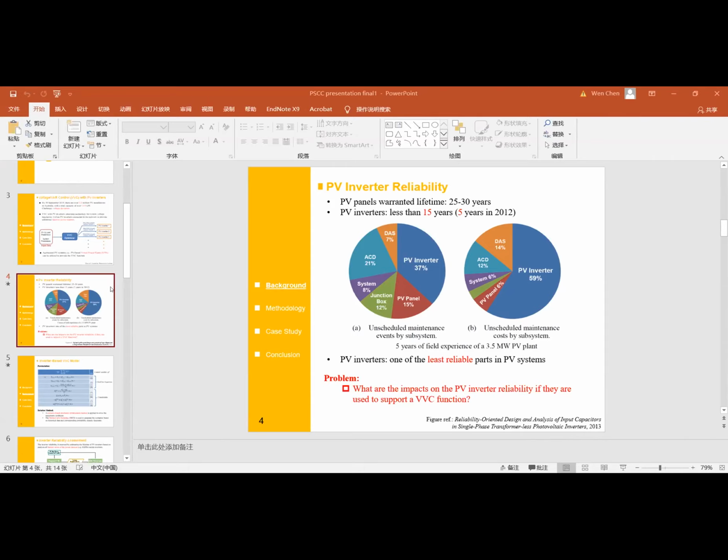I see the question is about the higher use of reactive power directly. What I mean is that the reactive power will definitely lead to a high junction temperature, right? So there will be much more current flowing through the inverters.